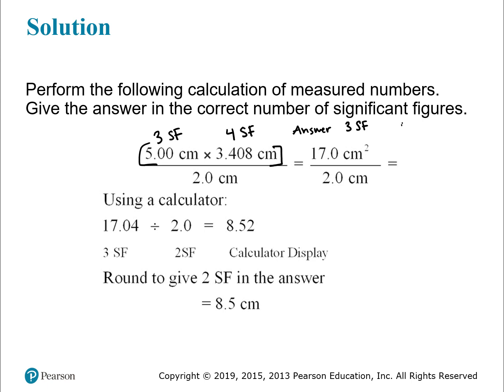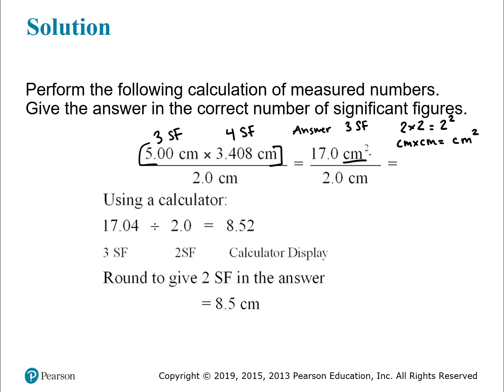If you had 2 times 2, that's equal to 4, but you could also write it as 2 squared. If you have centimeters times centimeters, it's the same thing, centimeters squared. That's why in the top, our units are centimeters squared. So if you multiply those two together and you round to 3 significant figures, you get 17.0 centimeters squared.